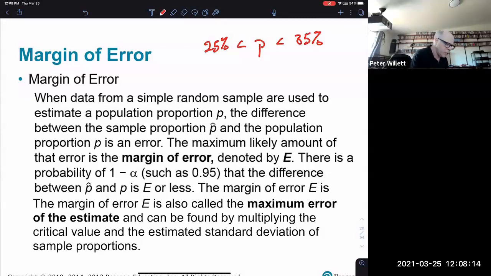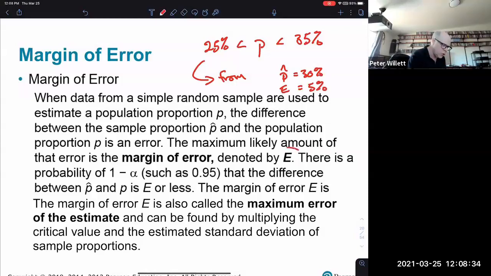So this interval came from taking the P hat equal to 30% and having a max error E equal to 5%. That's how intervals are constructed.